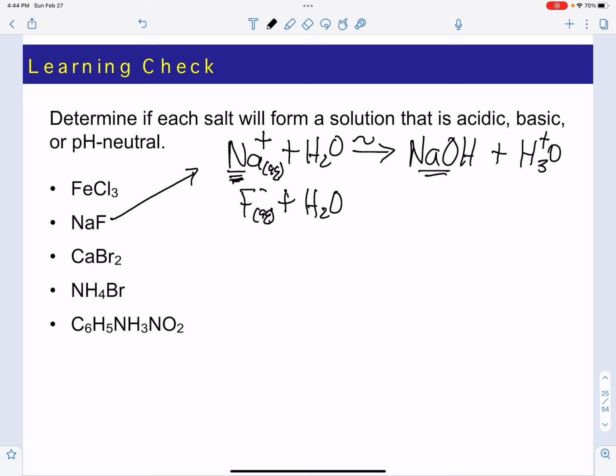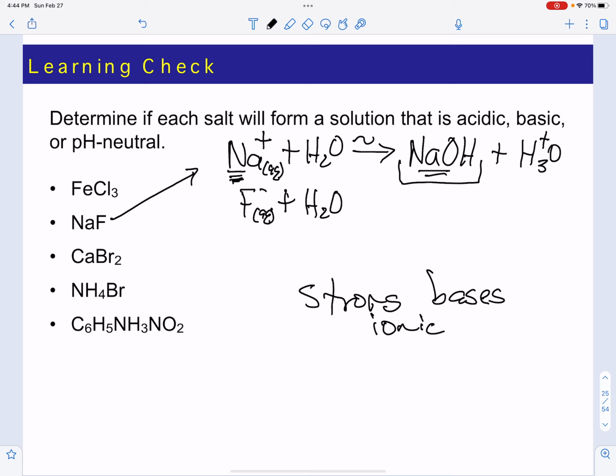However, the same way you learned the strong acids from 1411, remember the strong bases. The strong bases, first thing, they're going to be ionic. Second, they have to contain hydroxide.